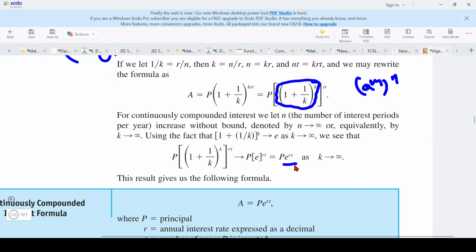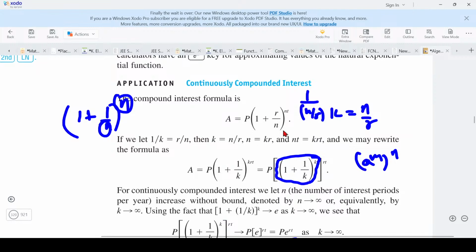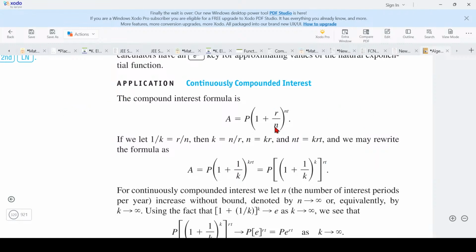E power rt, to find the limit. If you are given to find the limit of this expression when n tends to infinity, you cannot say it is e, right? We cannot say e because it should apply only for this thing.